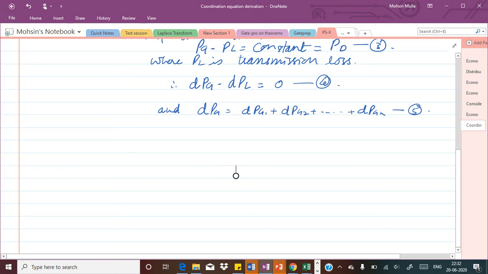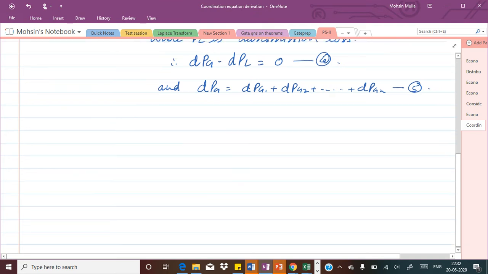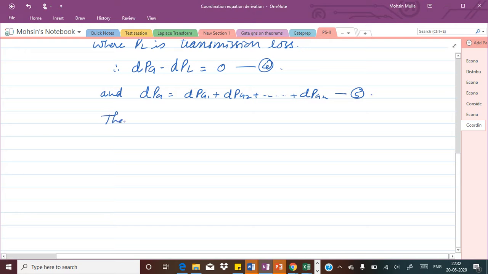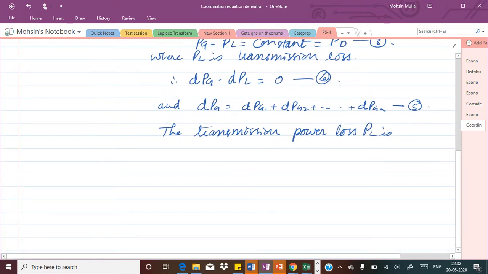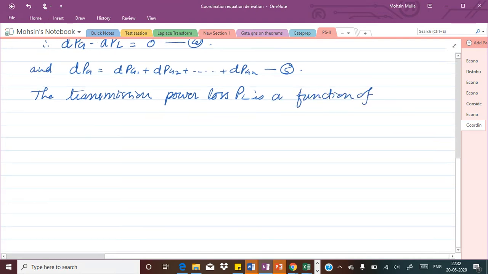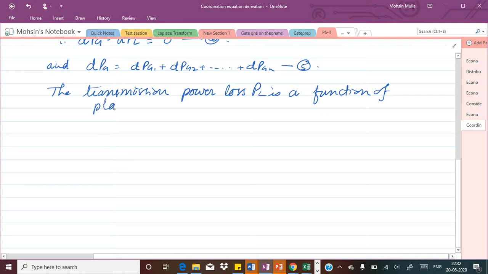And the transmission power loss PL is a function of plant outputs, because we have assumed that the voltage is going to remain constant.